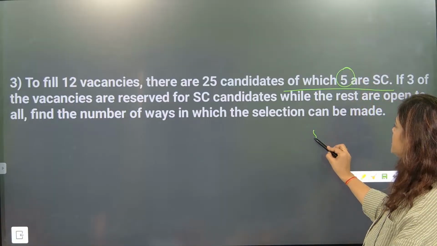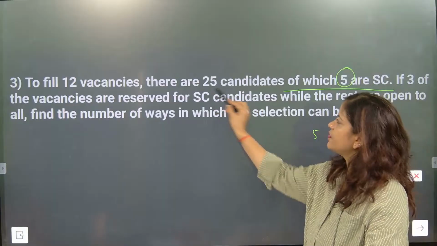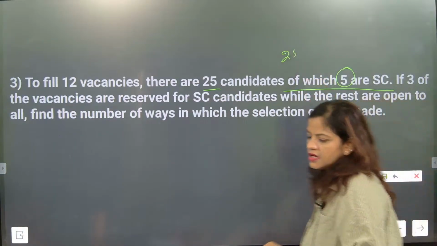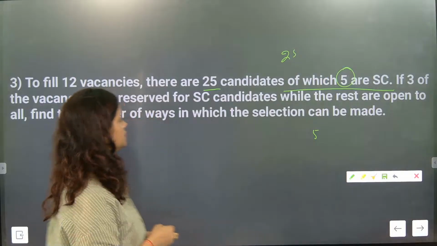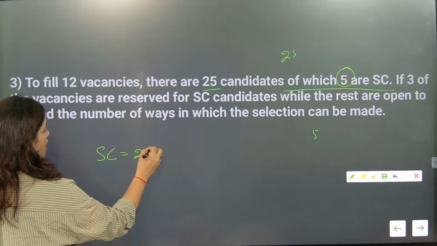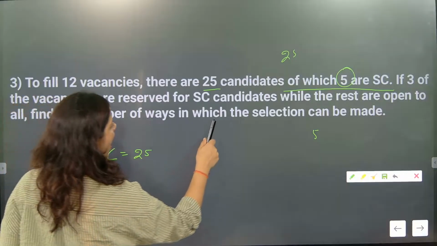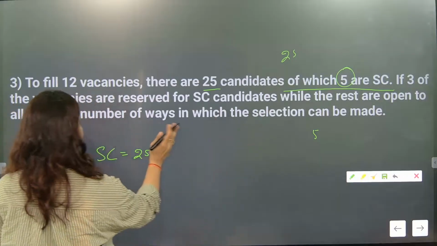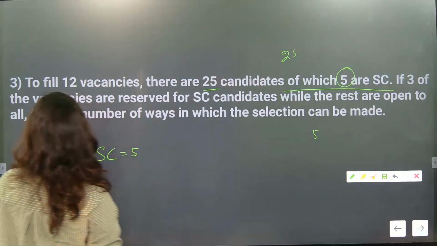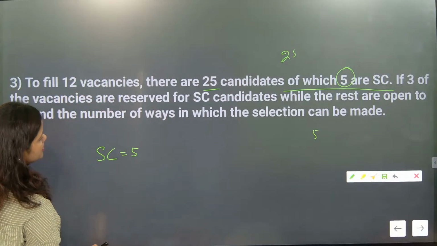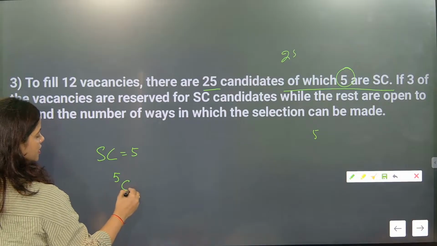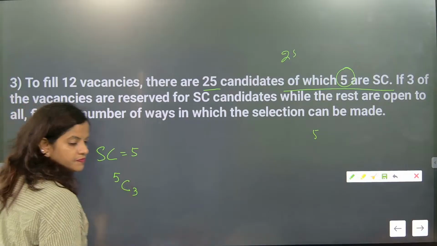Then how many candidates left? 3 of the vacancies are reserved for SC candidates. So out of 5 SCs, 3 are going to be selected.